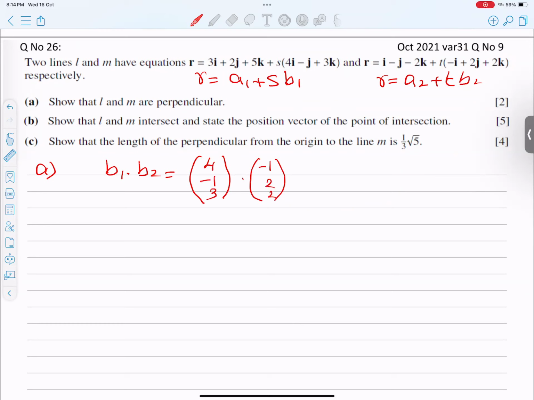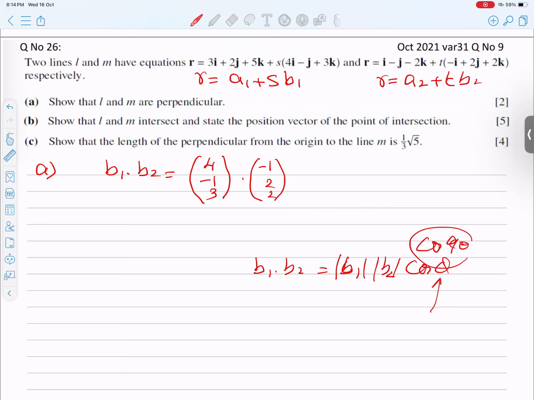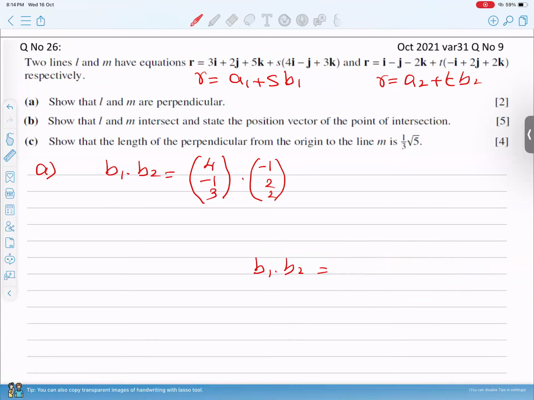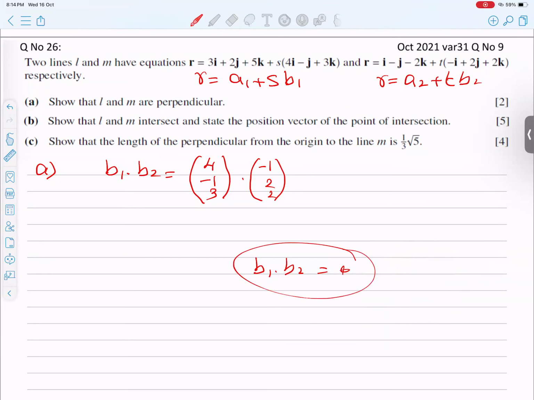Because the formula is B1 dot B2 equals B1 magnitude times B2 magnitude times cos theta. But if theta is 90 degrees, cos 90 becomes 0. If this is 0, the whole thing becomes 0. So if the right part is 0, naturally it means they are perpendicular.